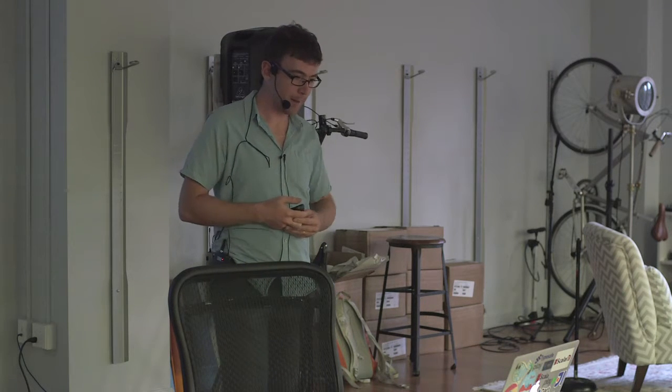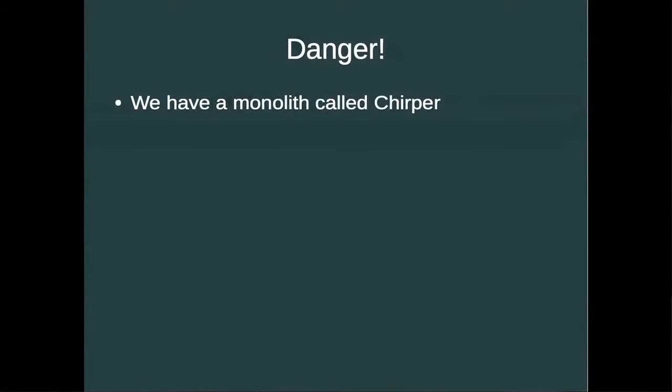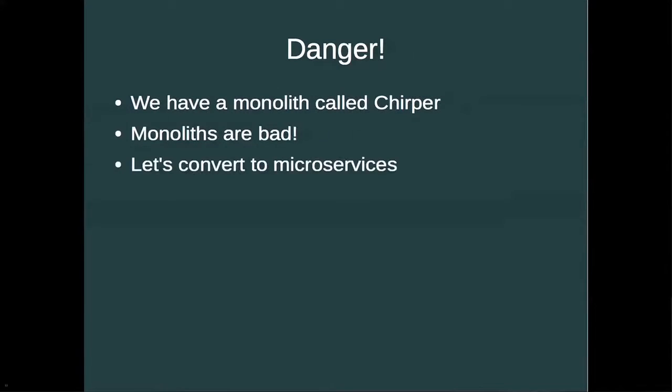The social network, by the way, is called Chirper, and so I had this monolith called Chirper, and then I went to a conference and I went to a presentation, and the presentation said that monoliths are bad. And so, oh no, I've got this bad monolith, and I had to go and convert it to microservices.